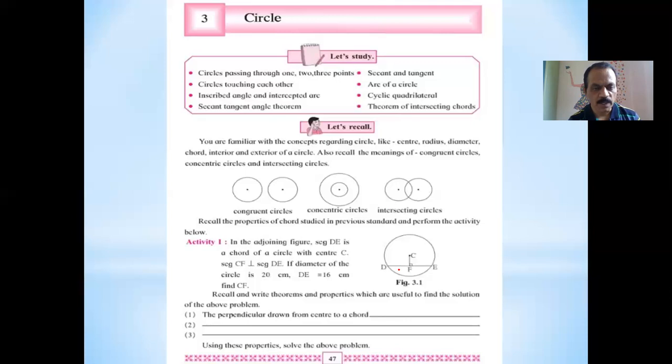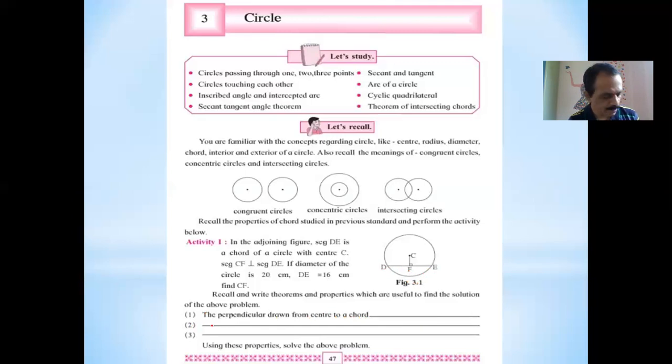The first point is that the perpendicular drawn from the center to the chord bisects the chord. That means CF is a perpendicular and the foot of the perpendicular is F, so segment DF is congruent to segment FE.